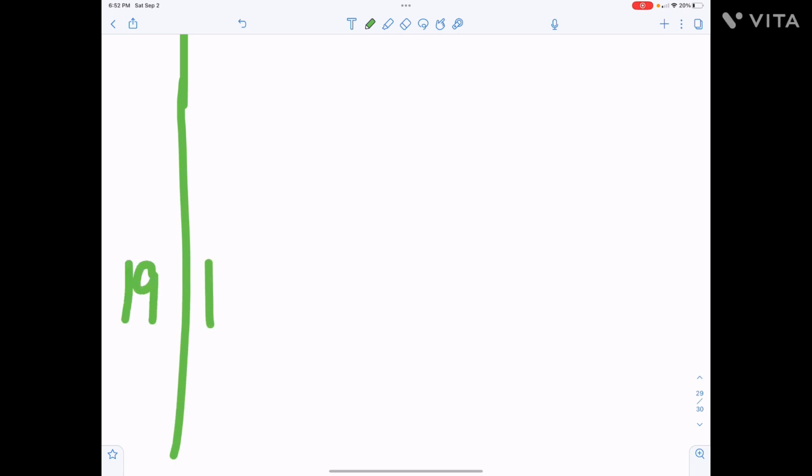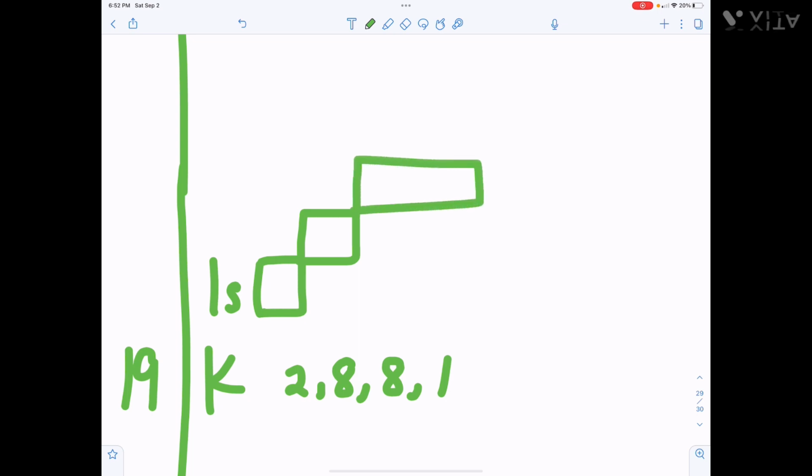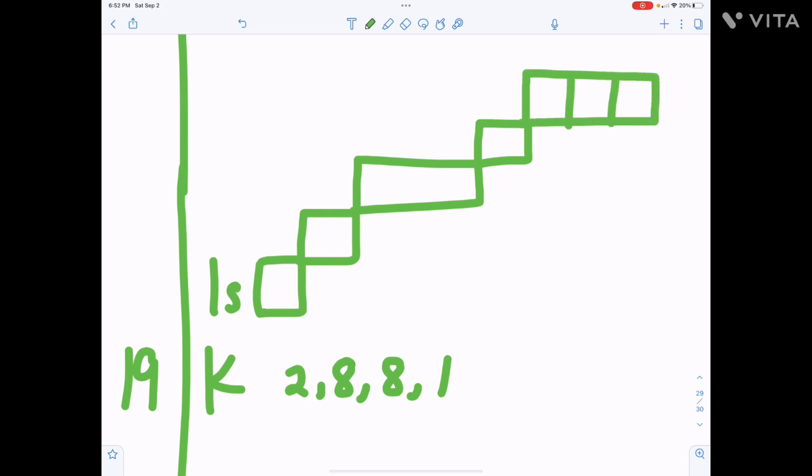19 is what? Potassium, 2881. So this is where, let me try and draw the argon. 1s2, 2s2, 2p6, 3s2, 3p6. So electrons now. Well, let's write the names first: 1s, 2s, 2p, 3s, and 3p.